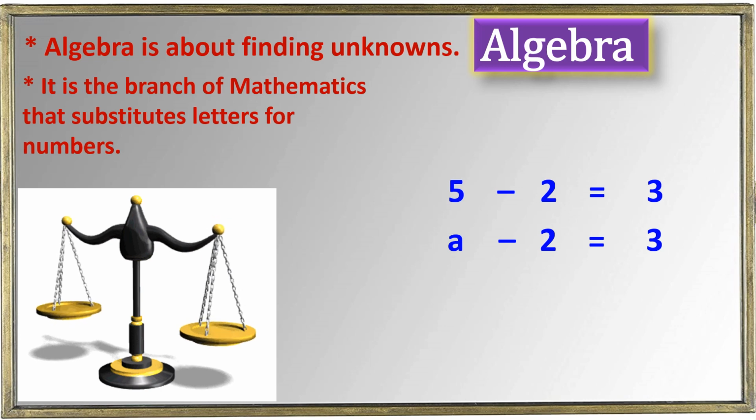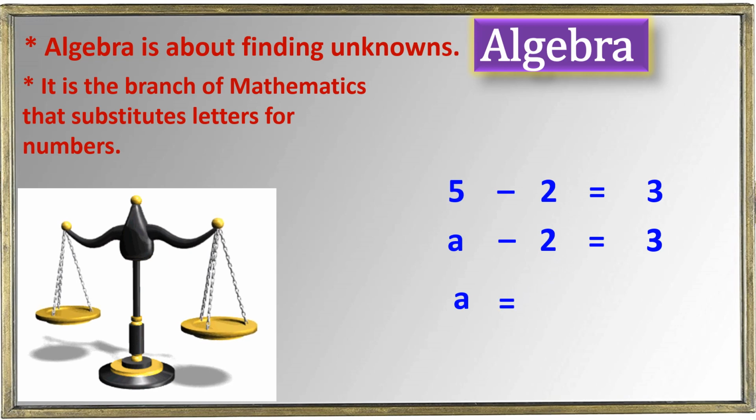Listen carefully. Keep the letters on one side and bring all those values to the opposite side. Like this: A is equal to, keep the 3 as it is. Here minus 2 is transferred from one place to the opposite place, isn't it?